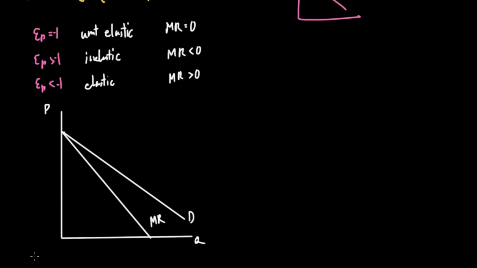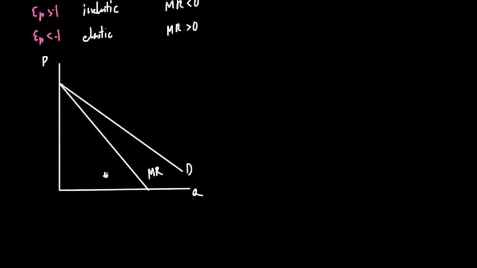So if we look here, we can determine the elasticity of demand using our marginal revenue, or the other way around. If the firm is producing from this point up to this point, this is the elastic part of the demand curve.